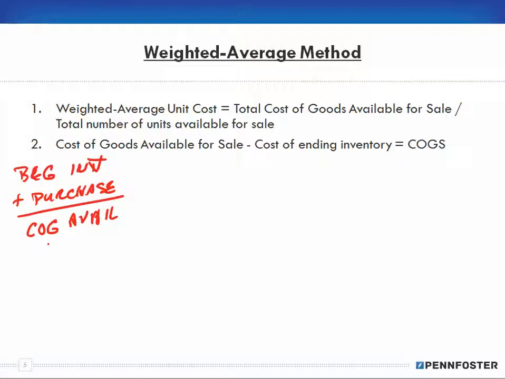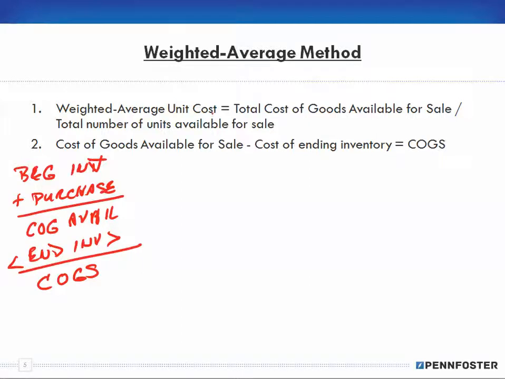Then out of that, you do a physical inventory to know what your ending inventory is, and the difference between those two is your cost of goods sold. That same structure stays in place.